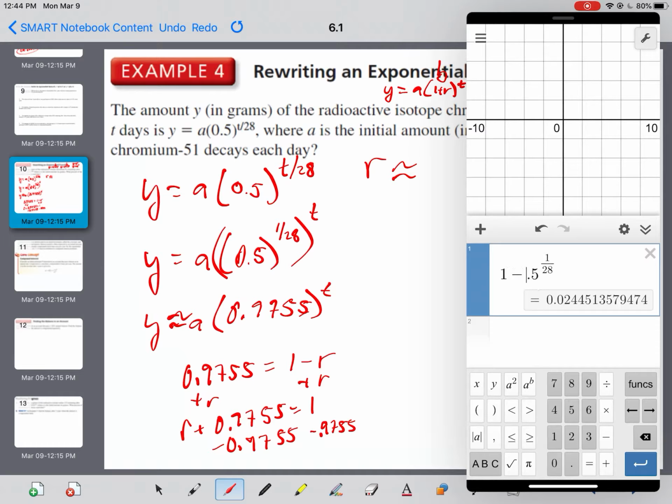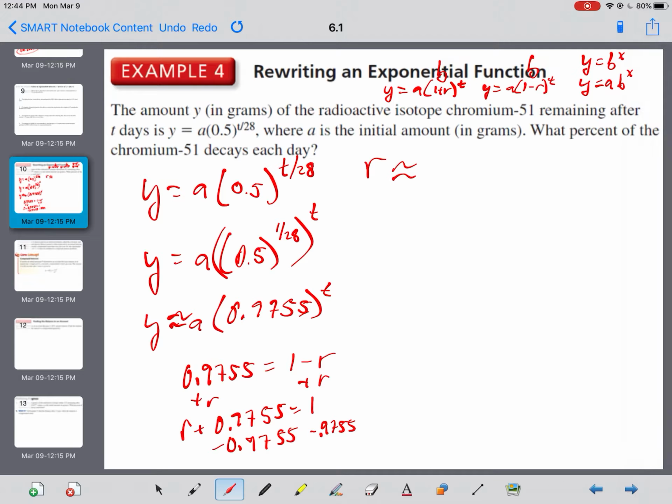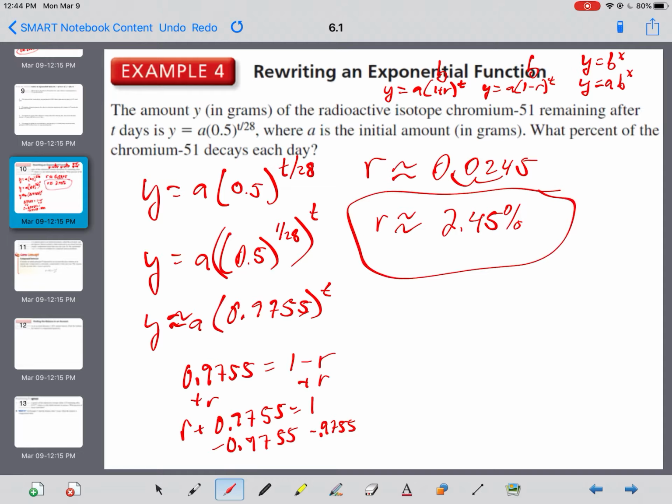So we got 0.02445. If I go 4 decimal places like they did in the book, it'd be 0.0245. So expressed as a percentage is 2.45%. Okay? That's how much it decays each day.